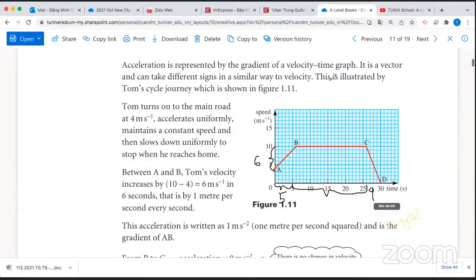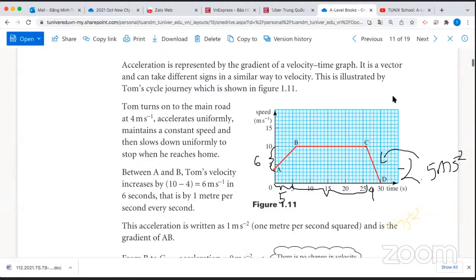This is from 10 to 0, so negative 2.5 meters per second squared, m s minus 2. What does minus mean here? It means there is a slowdown. The speed slows down every time until it reaches 0.